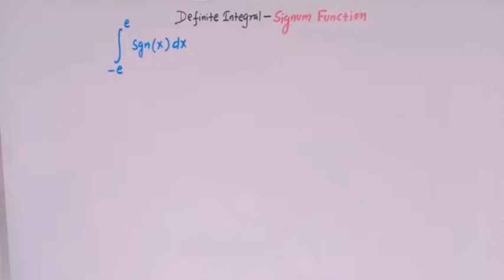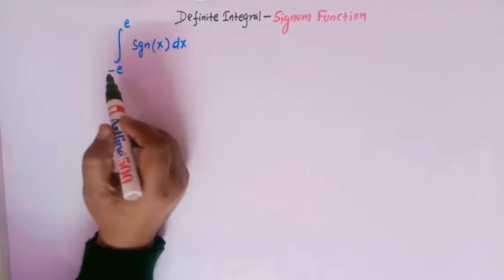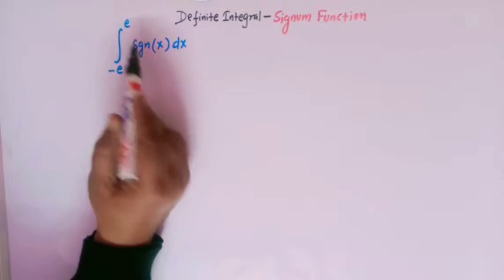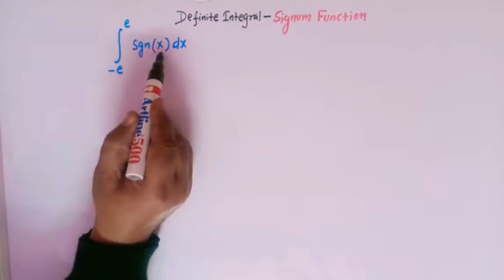Hello viewers, in today's lecture we are going to discuss one important definite integral involving the signum function. Here we have to solve this integral from minus e to e, and the integrand is signum of x.